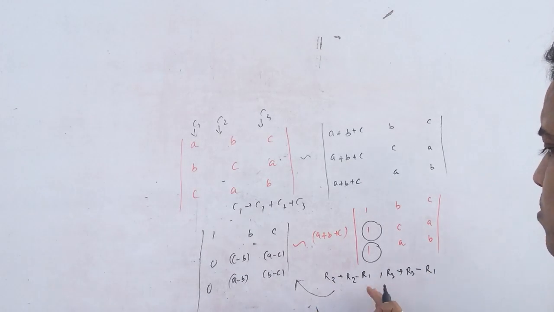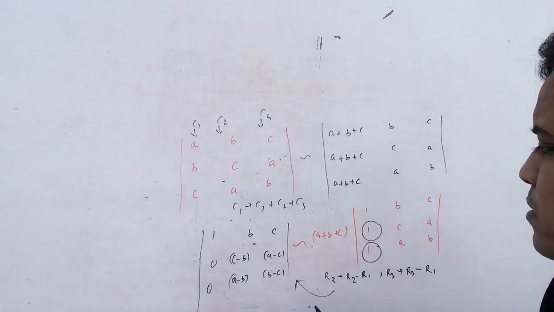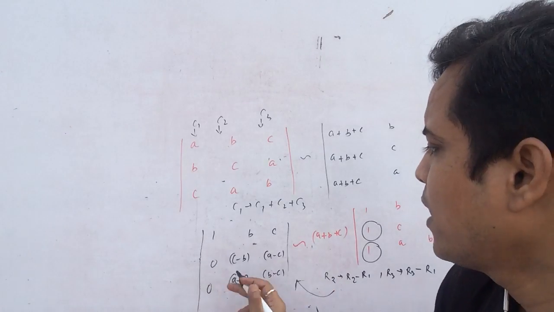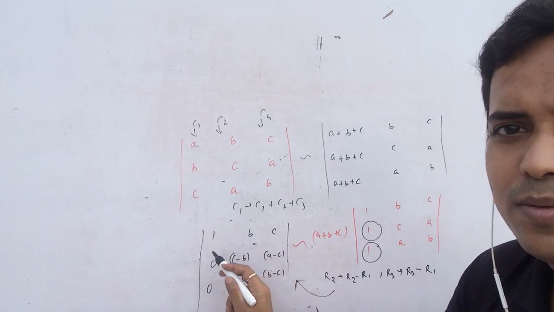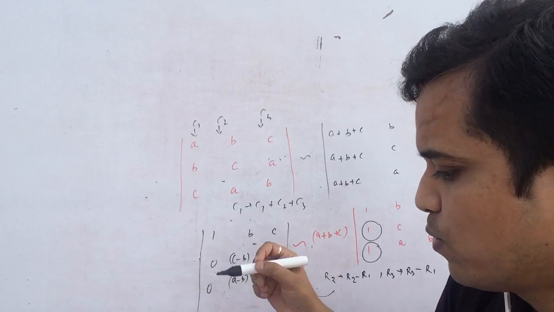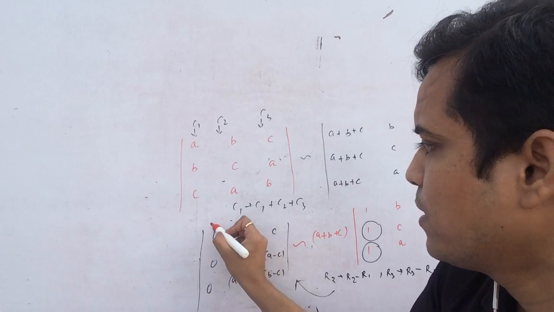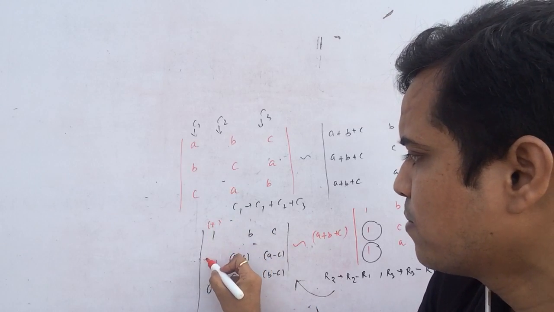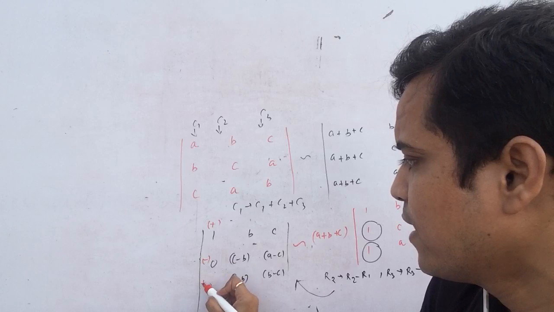You applied this property here. Now expand it through column C1. So what do you have to do? You have to apply the plus, minus and plus signs like this.